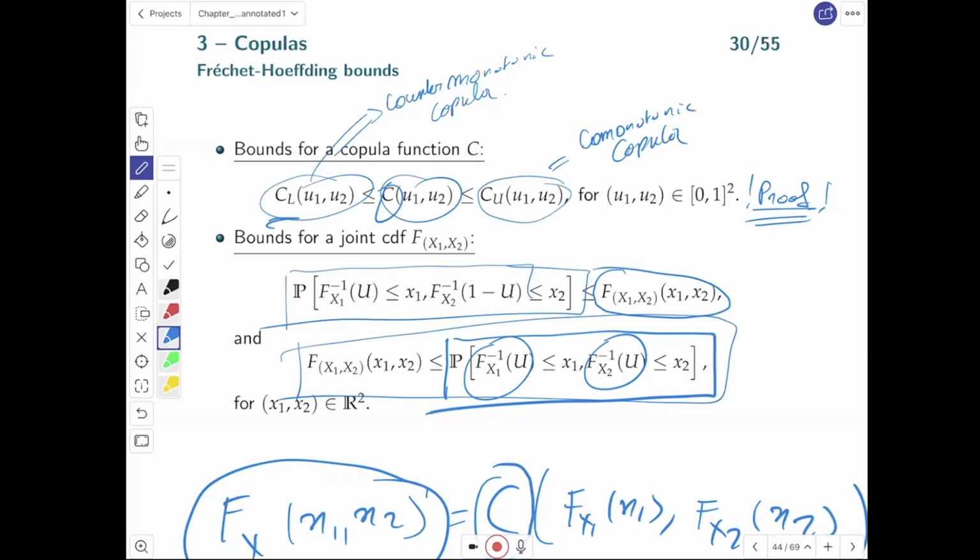I can do the same thing for the counter-monotonic copula. That gives me the most optimistic scenario, and then I get the lowest probability. Then I can look at your modeling assumptions. Maybe you get a probability very close to the counter-monotonic probability, and then I say you are probably too optimistic.